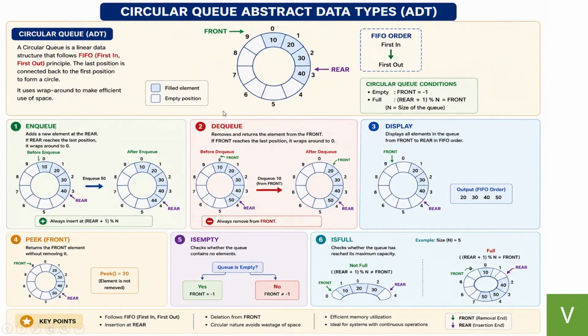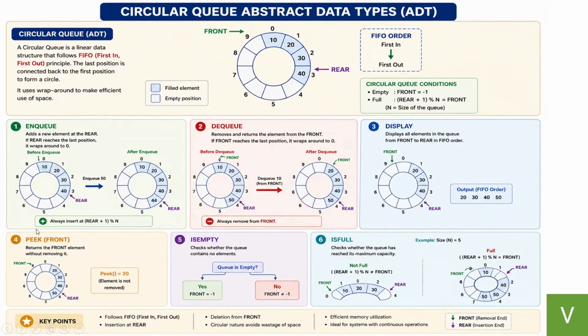Similarly, whenever we perform a dequeue operation, the index position 0 element gets removed and the front is incremented. Whenever we perform the display function, it displays all elements in the circular queue from front to rear.